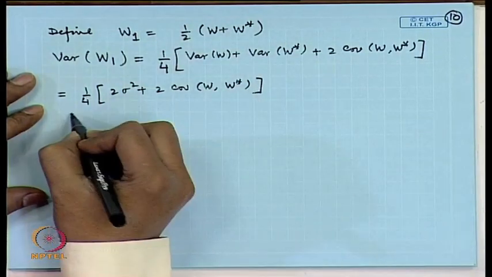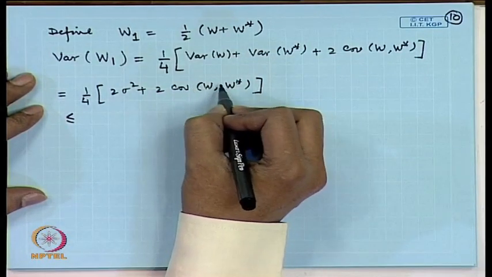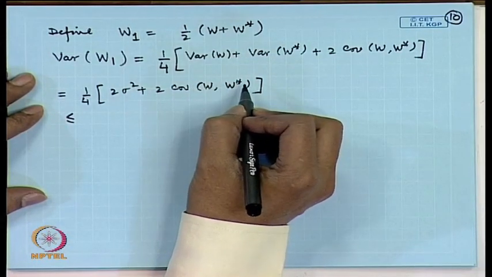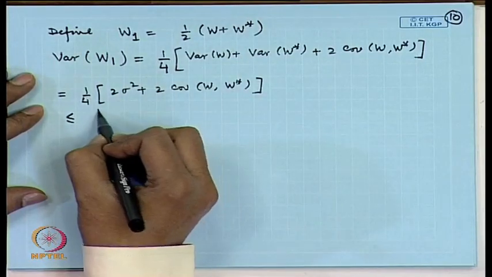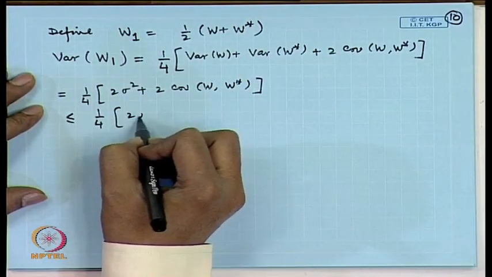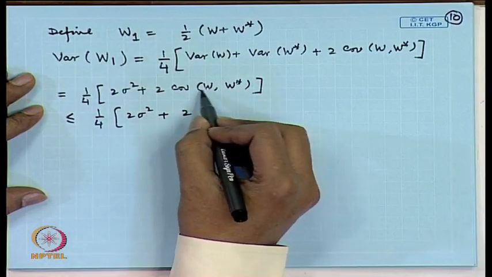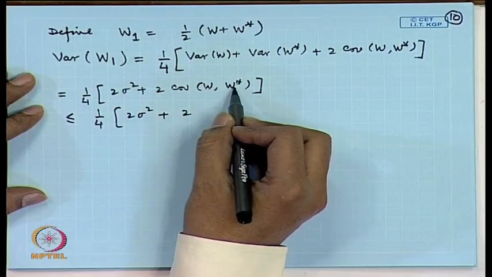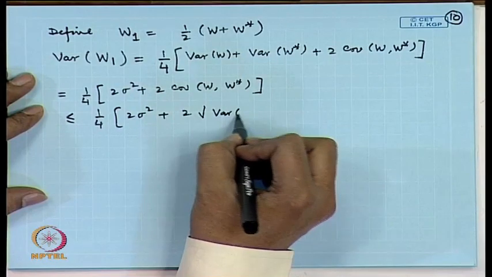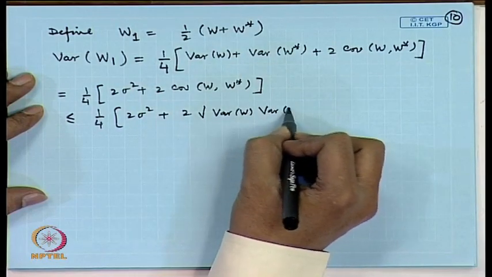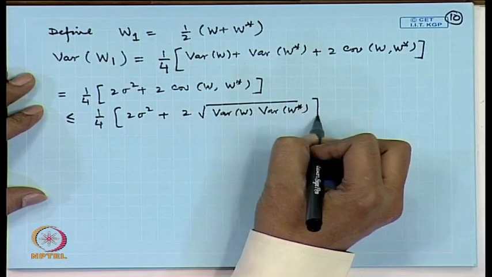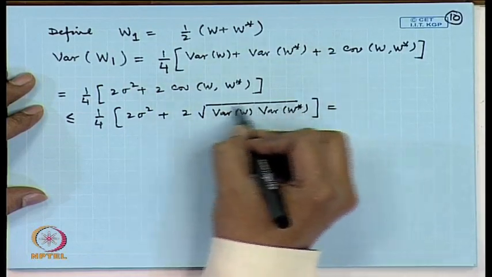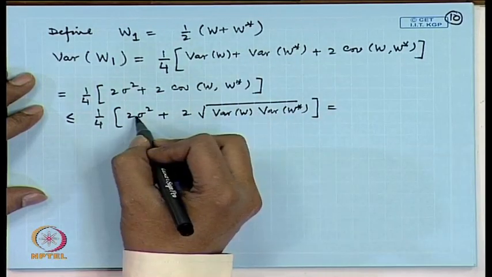Now, covariance square is less than or equal to the product of the variances, the well known Cauchy-Schwarz inequality. So, this becomes 1 by 4 2 sigma square plus twice square root of variance W into variance of W star, but these are both sigma squares. So, this is simply becoming sigma square. So, 2 sigma square plus 2 sigma square.